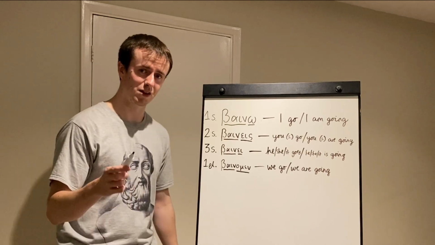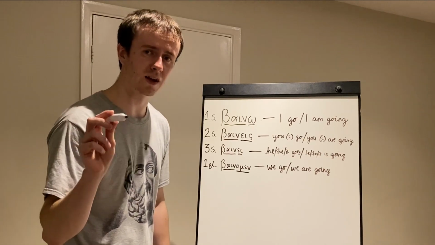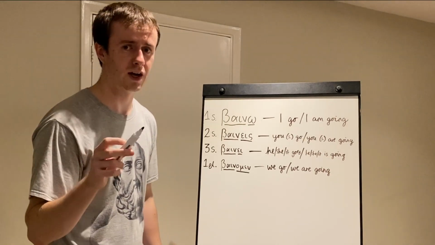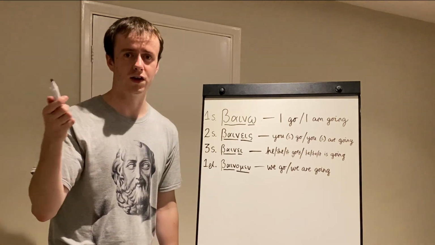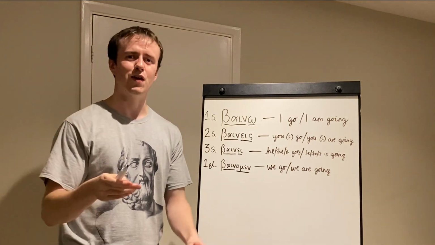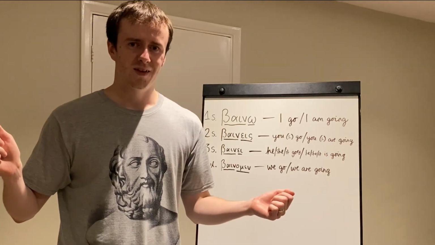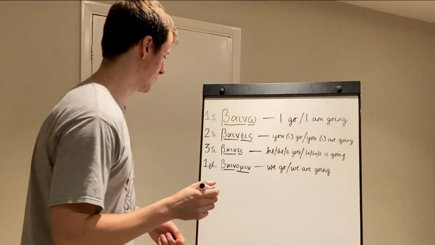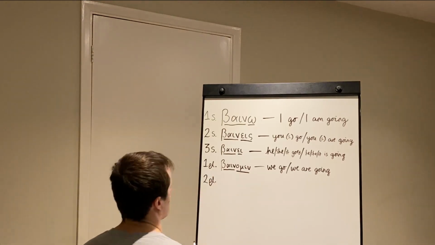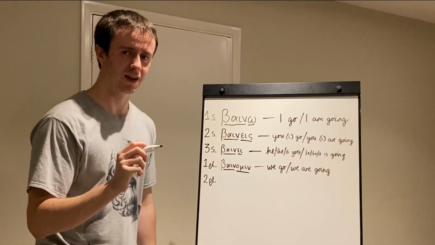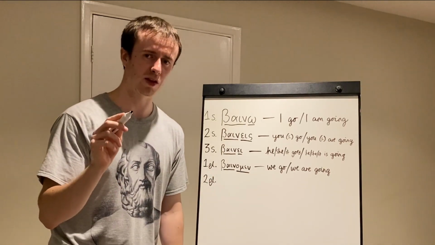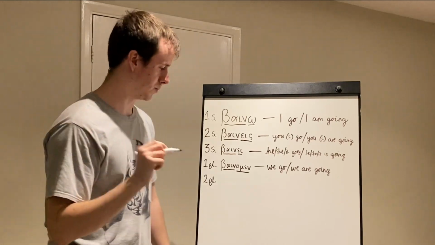Next, you may have realised we need to know how to form the second person plural. That is, you plural go or are going. So if you were asking a group of people, are you going to the agora? Then you would use this form. The second person plural ending is ete, spelled epsilon, tau, epsilon.